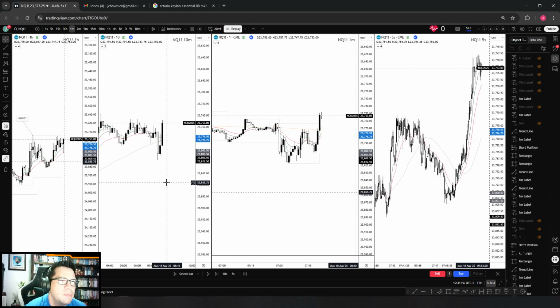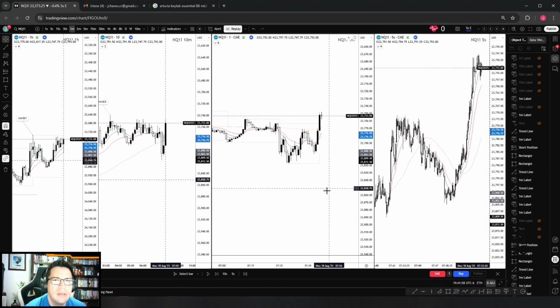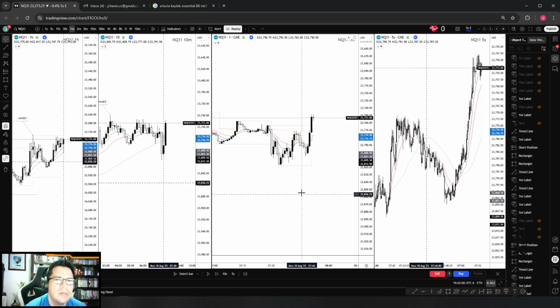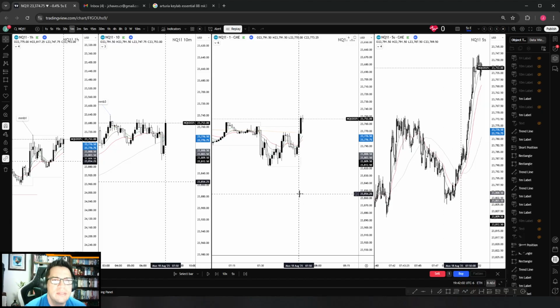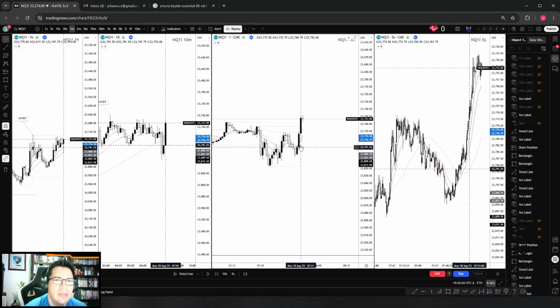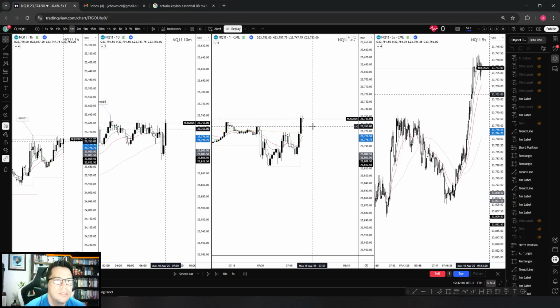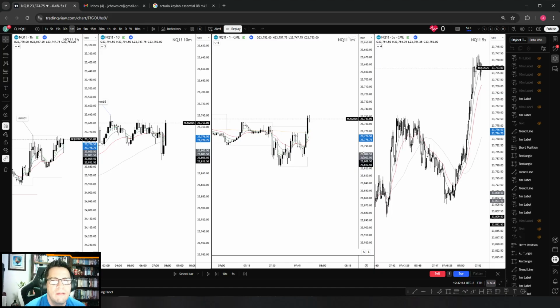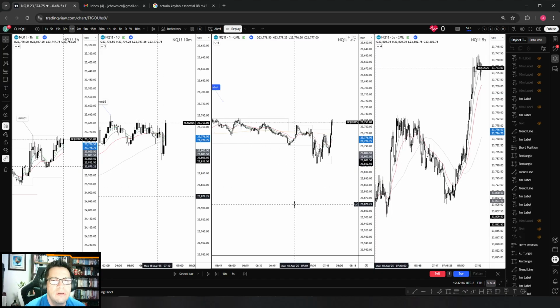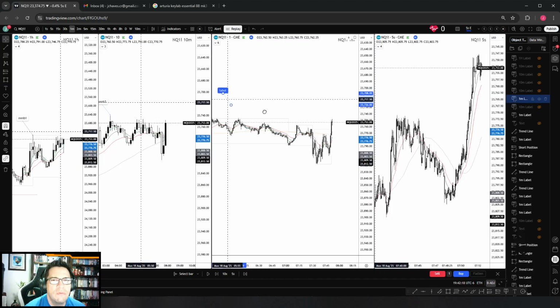So at this point, there's a possibility to start looking for a sell if we get a move away from the EMAs, such as we are getting here, and a flush. So that would be our confirmation to start looking for a possible entry.